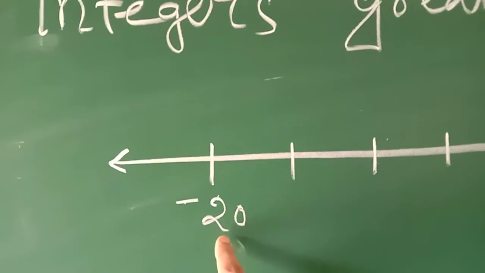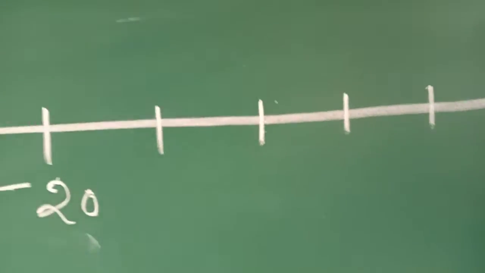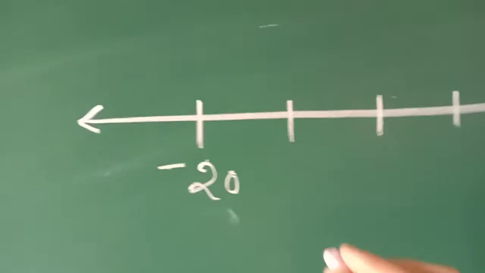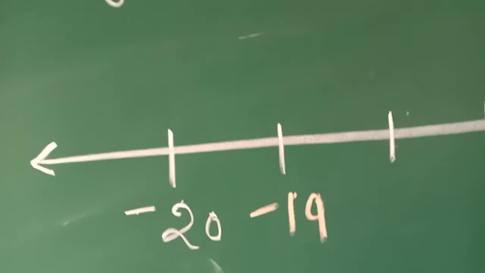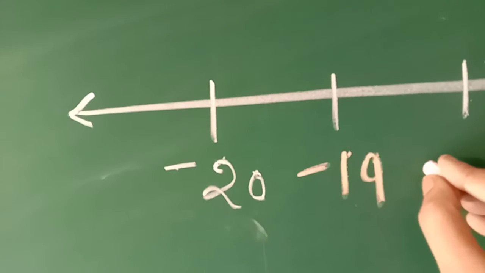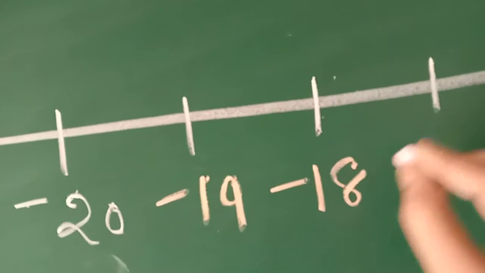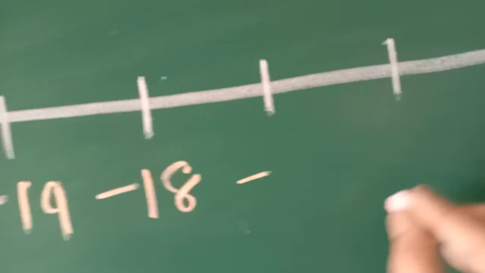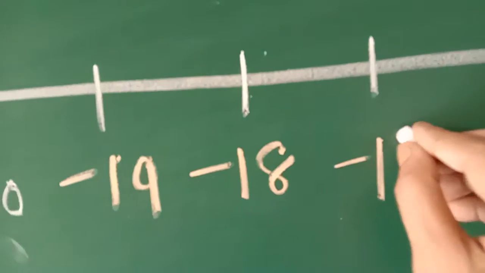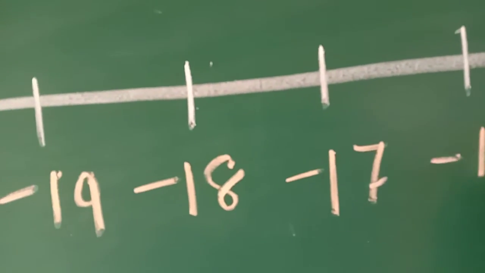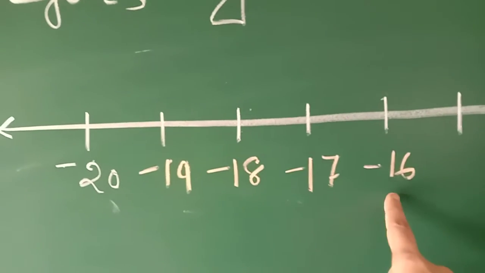If it is minus 20, then the next greater number will be minus 19. The next greater number will be minus 18. Then the next greater number, I am going right side, so one by one I am going one greater integer: minus 17, minus 16. 1, 2, 3, 4 numbers I have already got.